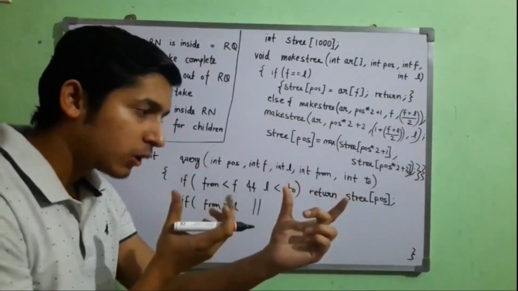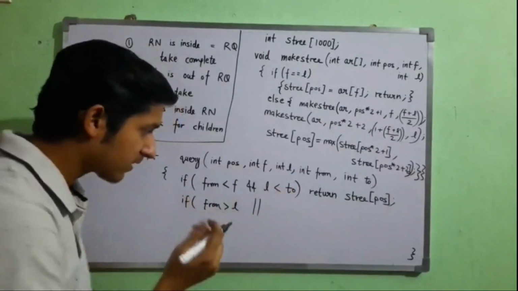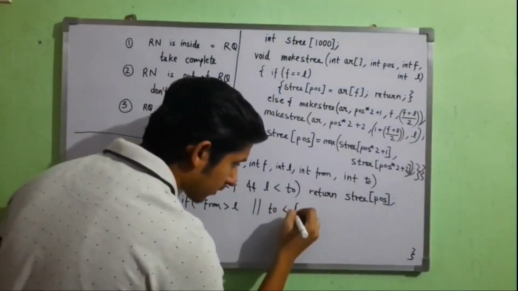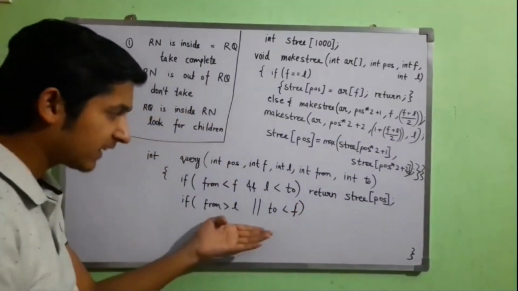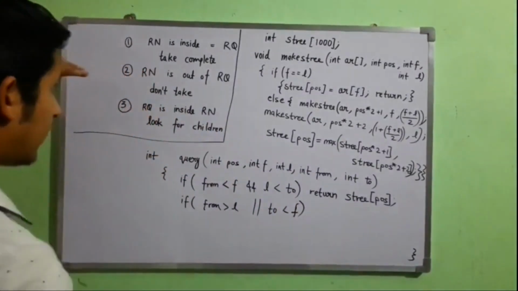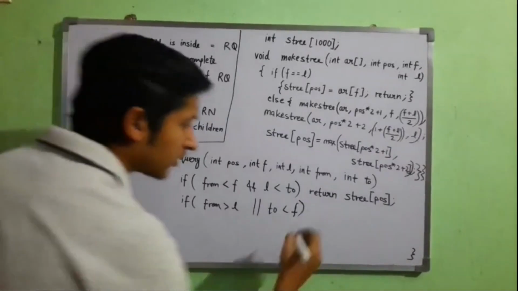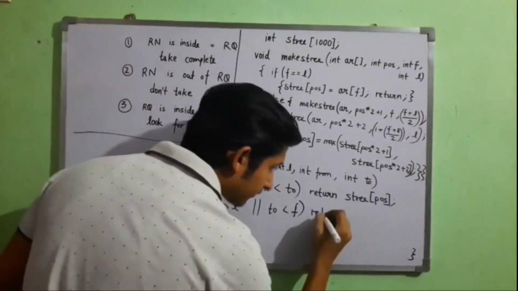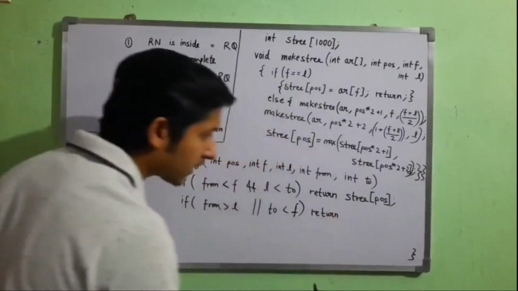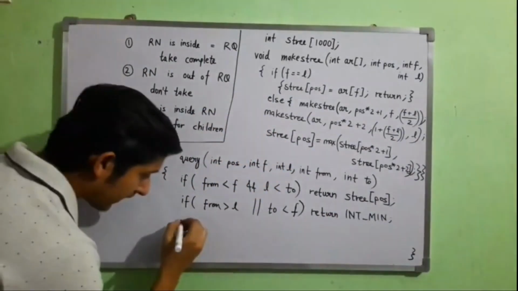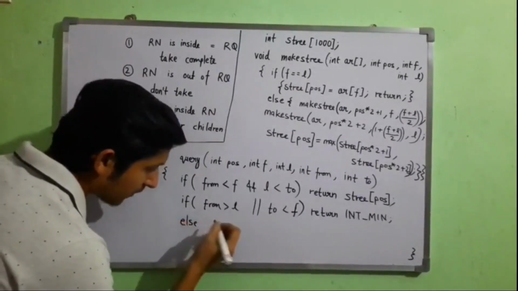So to will be less than first. In this case, I do not want it to take anything. So I'll return a very small number. Simple, okay? So in this case, else, what am I to do?